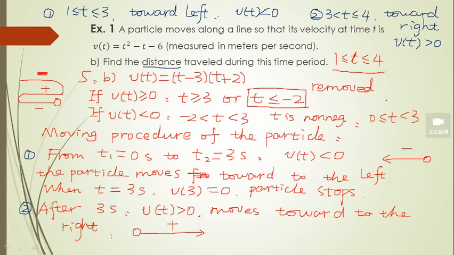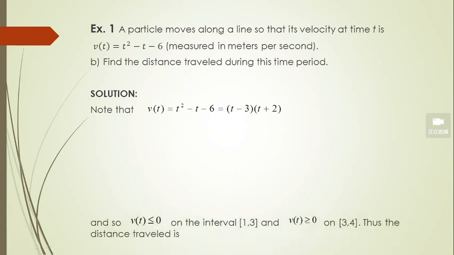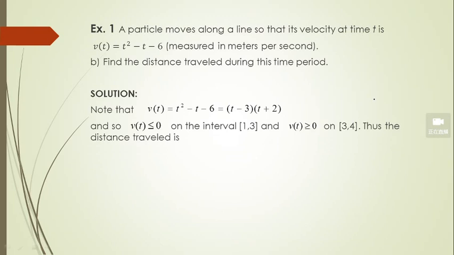Now let's check the solution I typed here. So note that the velocity function we can factorize in this way. And then when velocity is negative, including the endpoint, for the interval 1 second to 3 seconds, that means the particle moves from the right to the left.